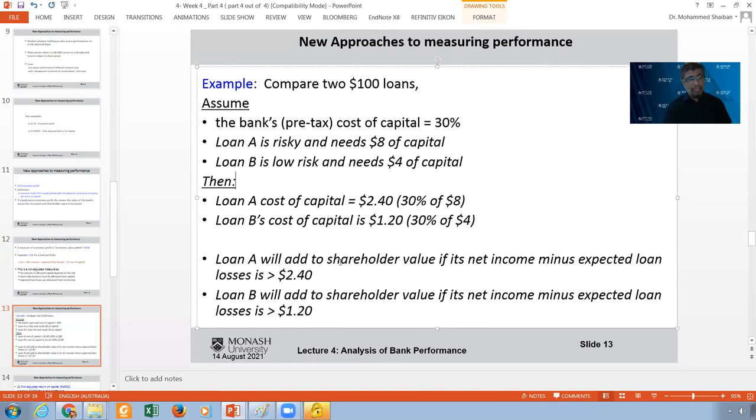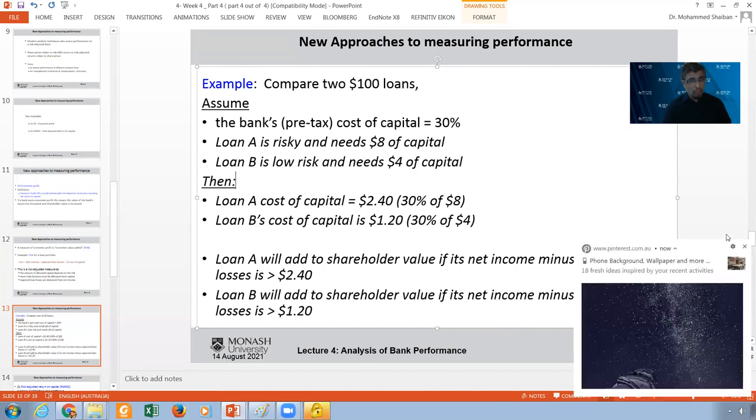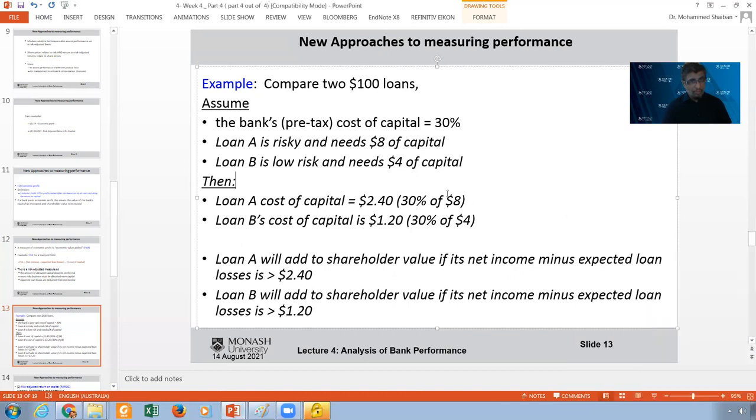Now, loan A will add to the shareholders' value if its net income minus expected loan losses is more than 2.40, which means I cover the cost of capital. I'm evaluating loans and segments in the business according to that: if I cover the expected losses, and the capital required depends on the risk, because the capital will cover any unexpected losses.